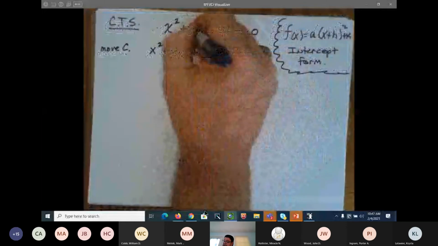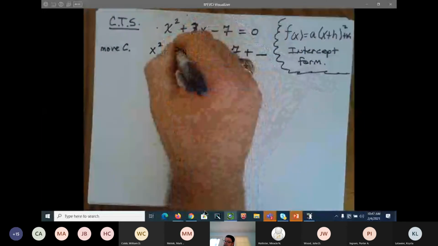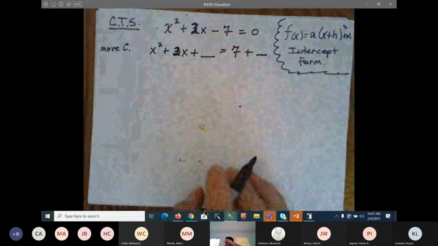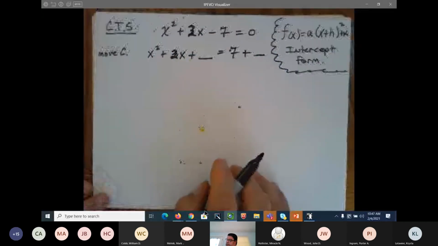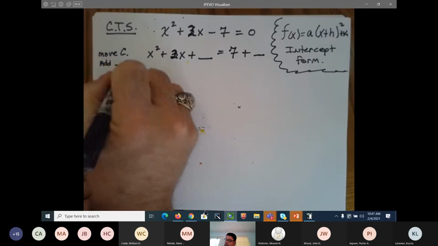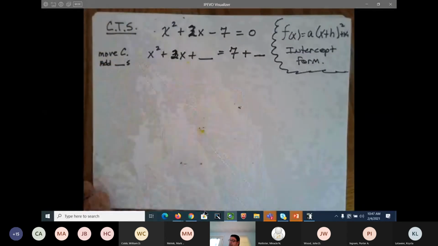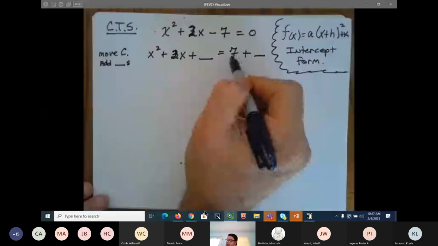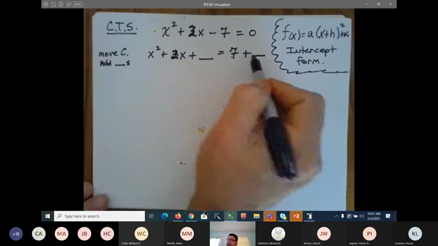Let's change this to a 2 right now because we haven't. Let's crawl before we can walk. All right, and add blanks on both sides. So I moved the 7 over here, it became a positive 7, and I added 2 blanks.